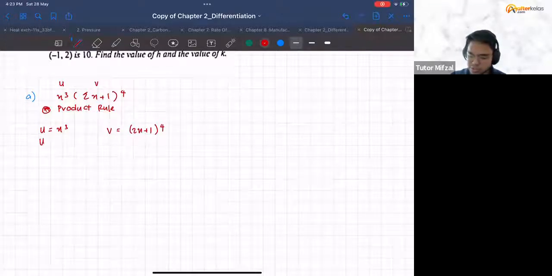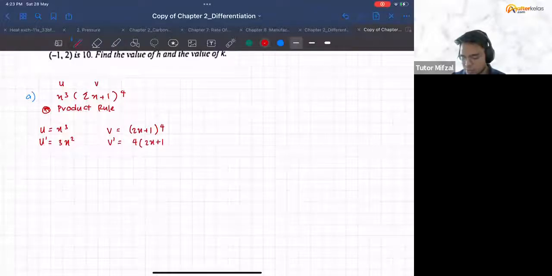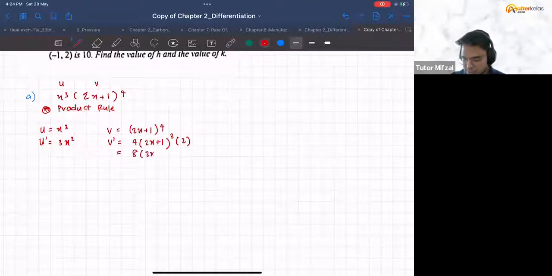Now, differentiate u, you should get 3x squared. And you differentiate v, you should get 4 times 2x plus 1, 4 minus 1 is 3, times 2. The 2 you get from differentiating what is inside of the bracket. So v prime is just 8 times 2x plus 1 to the power of 3.